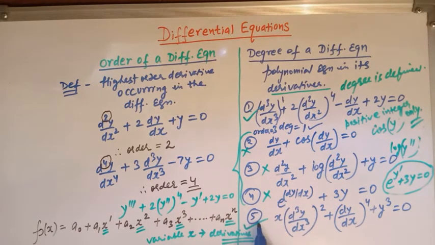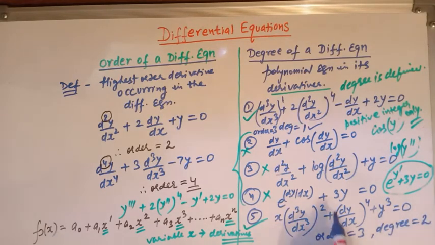Similarly, in case 5, the order of this differential equation is 3 and the degree is 1. Sorry, it is 2. Clear? So this is 2. So I am repeating once again. The degree of a differential equation, provided it is defined, is the highest power of the highest order derivative present in it. Clear?